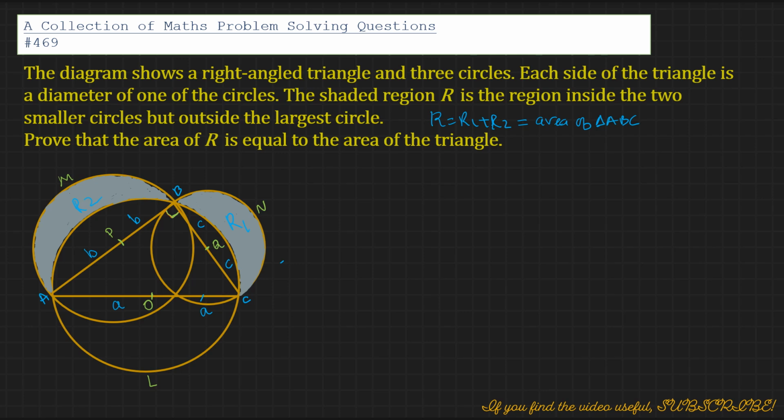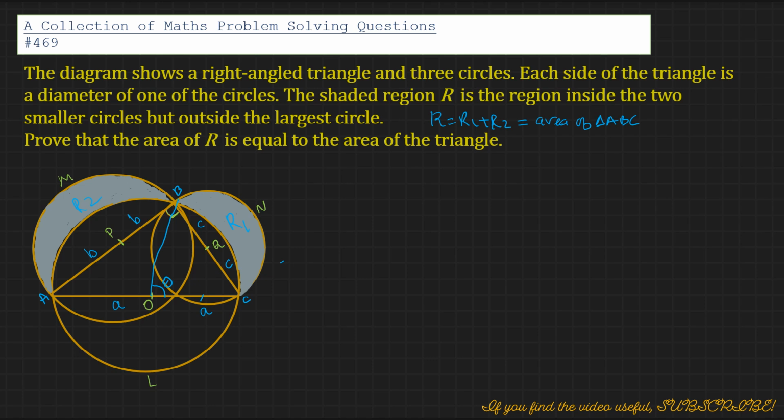The next thing I would do is we need to get some angles, because obviously we'd have to find the area of the sector. So we need the angle. So we're going to mark some angles. One of the angles we're going to mark is, join OB. So this is angle theta.